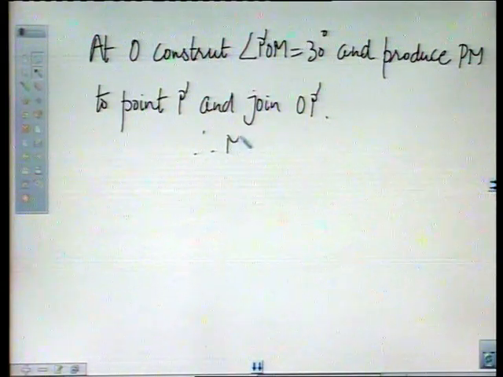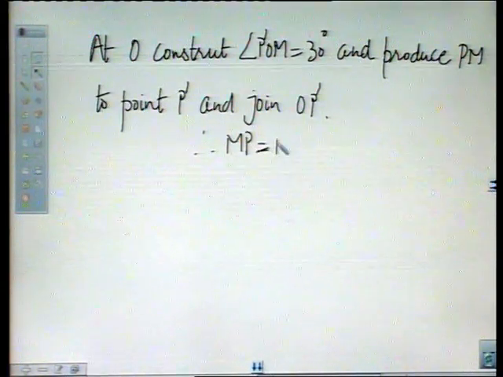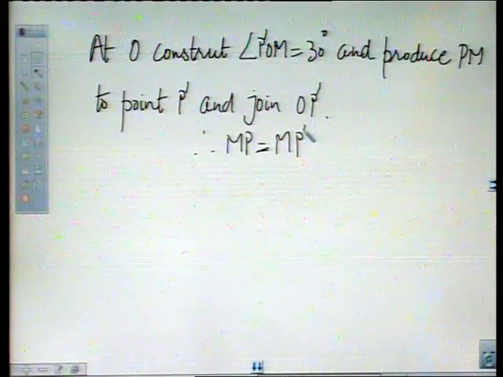Therefore, MP is equal to MP dash in magnitude.